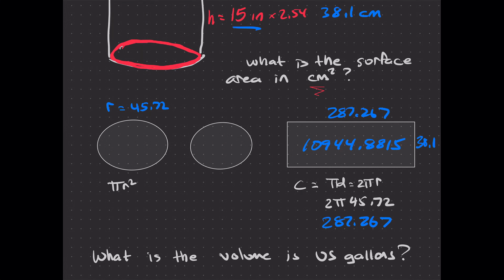And again, the radius is 45.72, so that's going to be pi times 45.72 squared. And when we calculate that out, we get 6566.9289, which would be the same for the top, as they are identical.